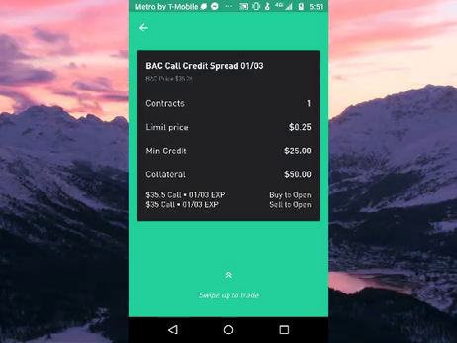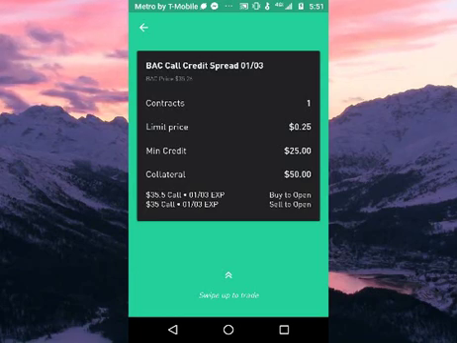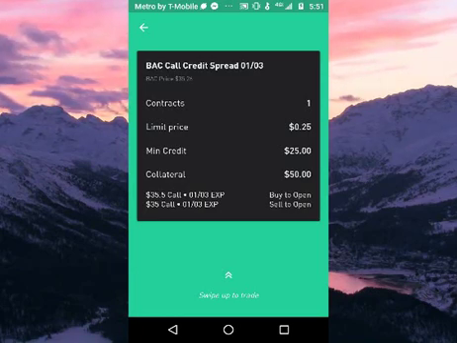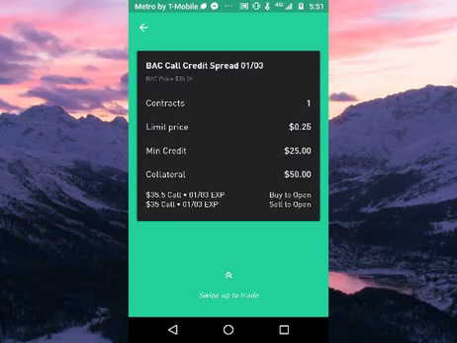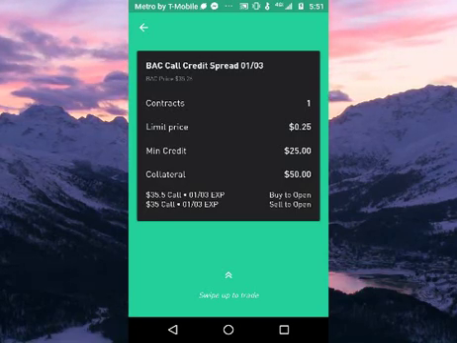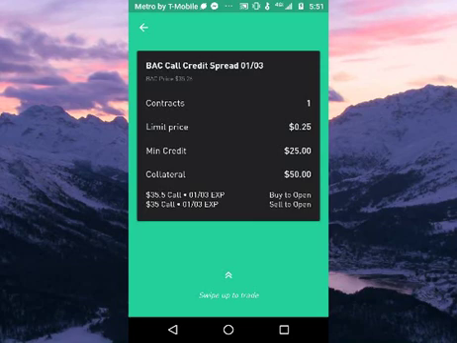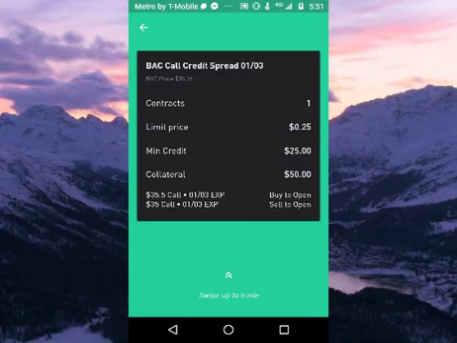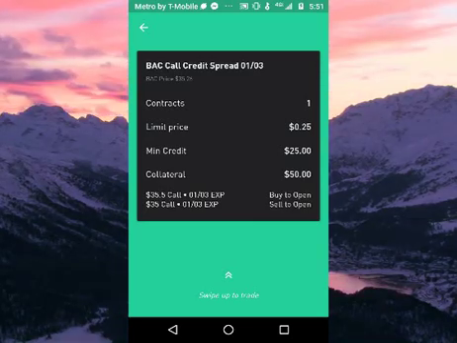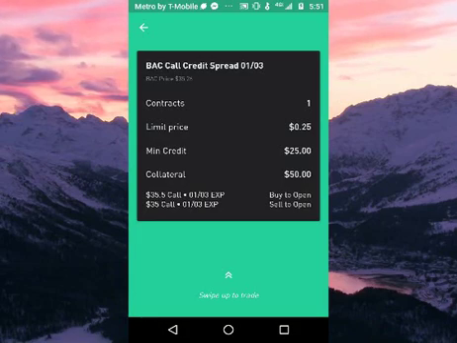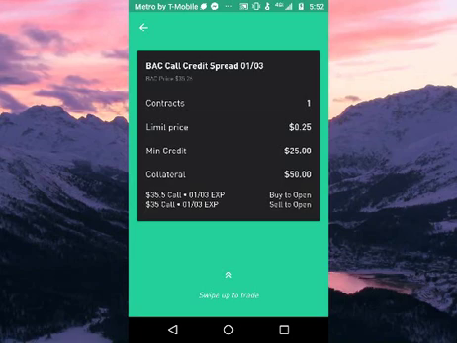So the maximum amount of money required to place this trade is going to be the collateral you have over here, $50, minus the credit you receive, which is $25. Since we collected a premium of $25, we can use that to cover opening this position. So you're going to need $25 to open this position.